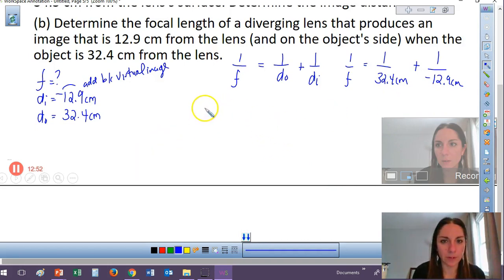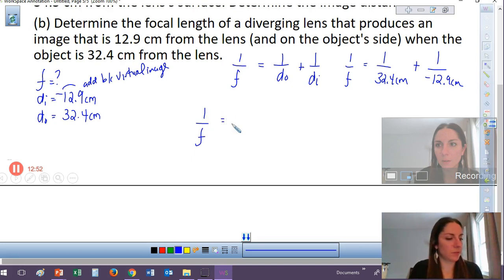1 over F. So here we go. I like to use the inverse function on my calculator, so I'm going to do 32.4 inverse plus 12.9 negative shift inverse.